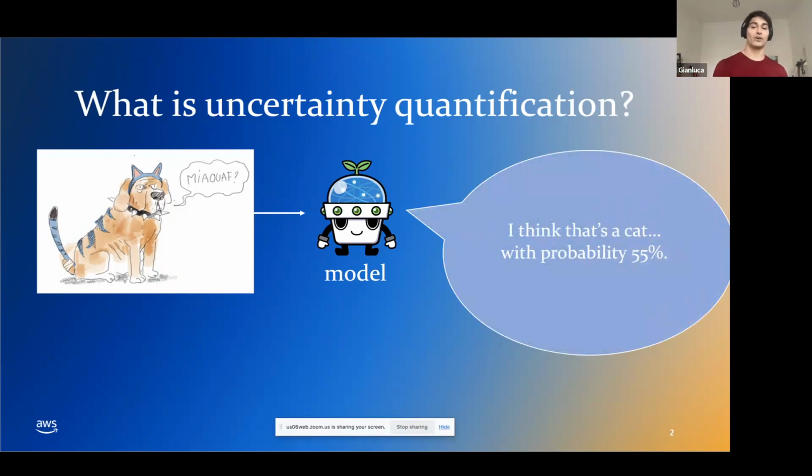Of course, the prediction is wrong, but we are adding information. You don't only have a prediction, you have also a measure of confidence, which is probability 55%, right? This is very close to the threshold 50%, so it's a very low confidence. And this is just really to stress that it's very important not to have only a point prediction, but also a measure of uncertainty.